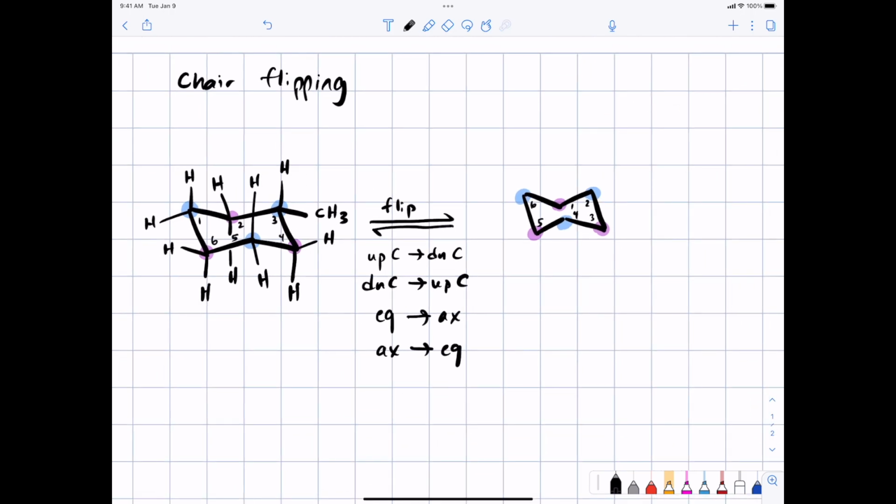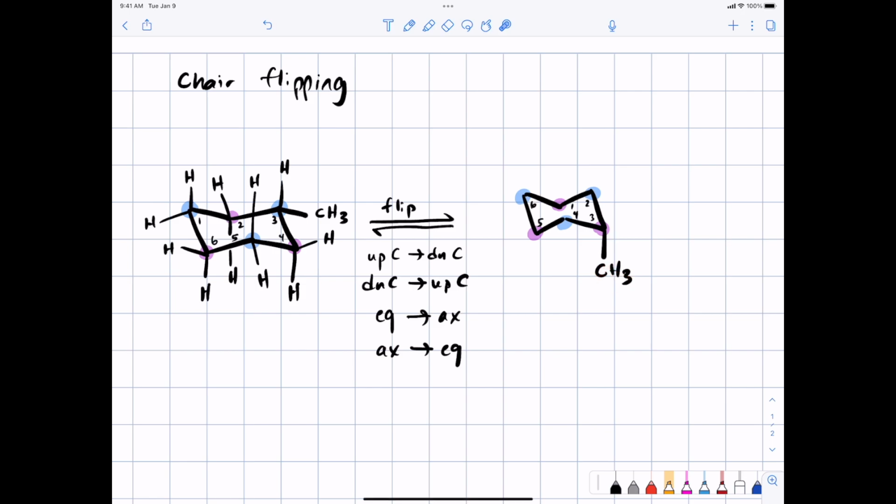Because a lot of these substituents are hydrogen, we can't really tell. On carbon 3 we can though. This methyl group that used to be down equatorial now has to be down axial. If I keep my up carbons and down carbons straight, and if I keep my numbers straight, then there's no chance for me to get wrong where the methyl group has to be.